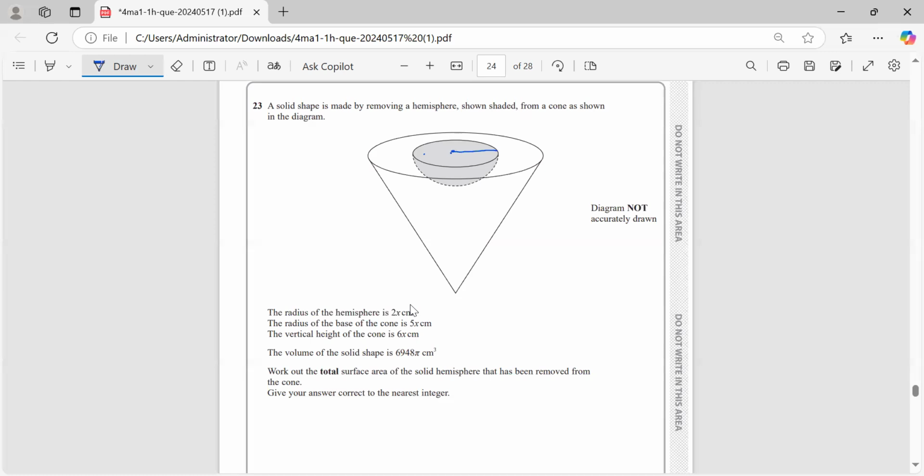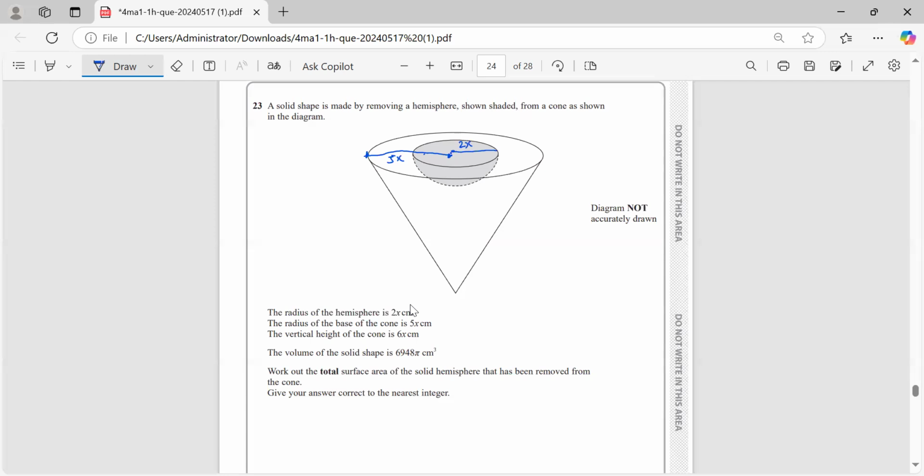So the radius of the hemisphere is 2x centimeters, and the radius of the cone, from here to there, is 5x. They also gave us the vertical height of the cone.